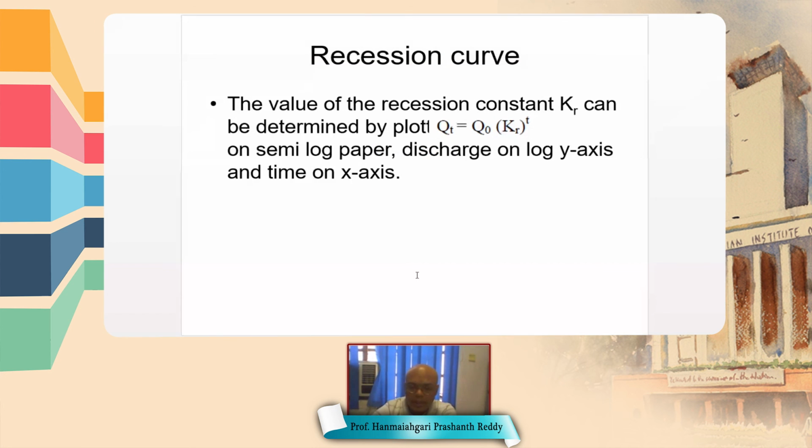In any hydrograph, because we know the discharge versus time, we know the values of discharges and their corresponding times. So we can easily plot the recession limb, and we can get this Kr value or decay coefficient, whatever equation we fit for the recession limb, by just plotting that on a log paper.